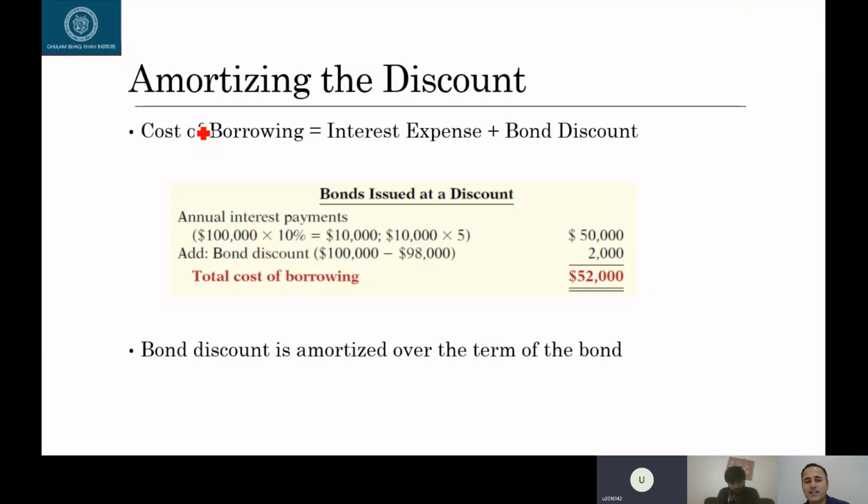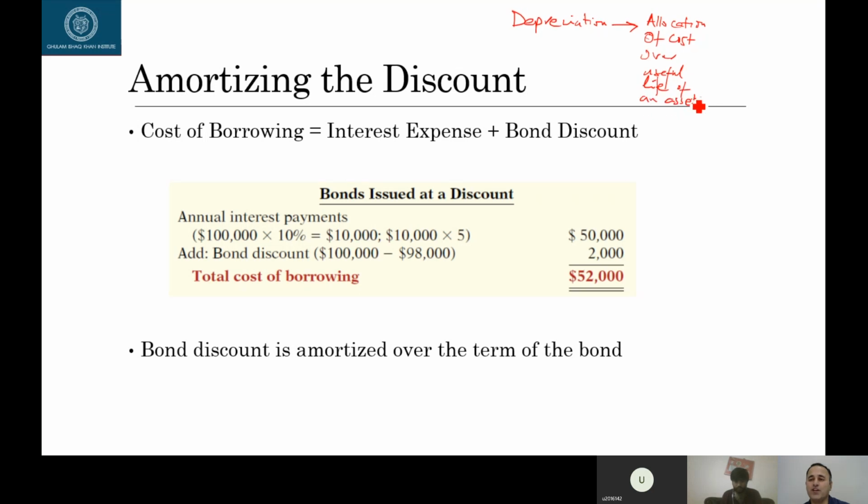Now, the discount, you have to actually amortize it. For depreciation, this is like allocation of cost over the useful life of an asset.